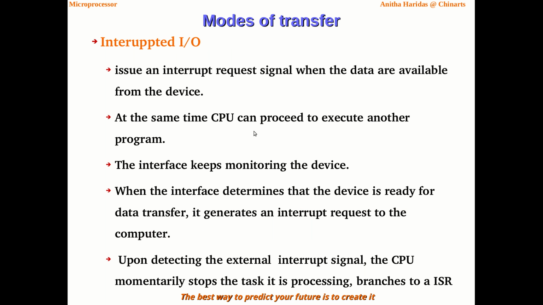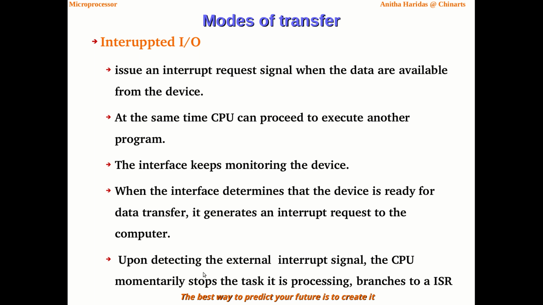Until it gets data in the data register of the input output interface, the CPU can proceed to execute another program, and the interface will keep monitoring the device. When the interface determines the device is ready for data transfer, it generates an interrupt request to the computer.